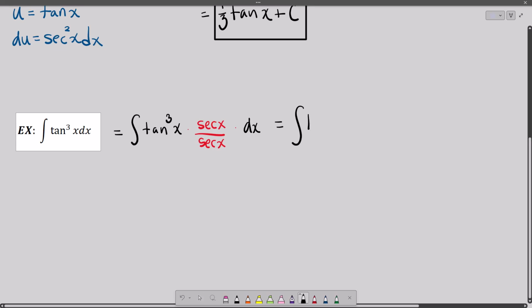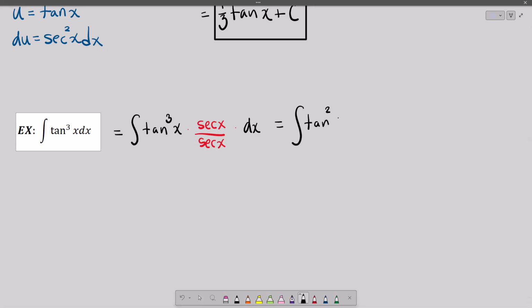If we pull off a tangent, we're left with tangent squared of x. And if we pull off that secant in the numerator, so we're pulling off a secant tangent, this part, we group that with the differential and sort of leave it there, with the intention of letting u be secant, because the derivative of secant is secant times tangent.